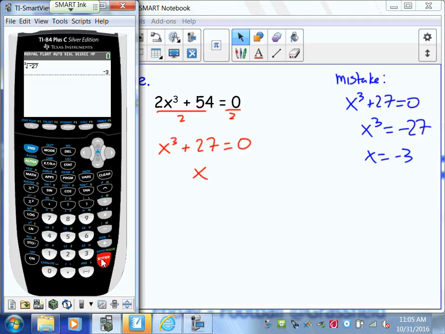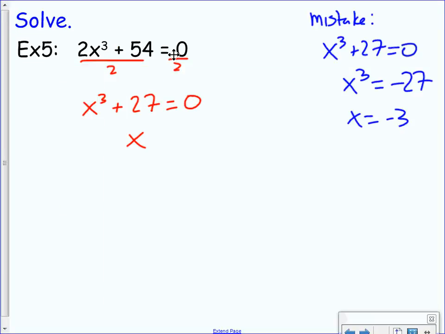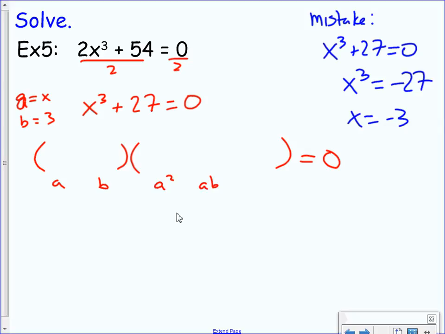So here's the thing. Don't worry. It's not that bad. When you factor this out, it equals 0. We know our A is going to be x, and then B is going to be 3. Remember, it goes A squared, AB, and then since it's a plus, the pattern goes plus, minus, plus.